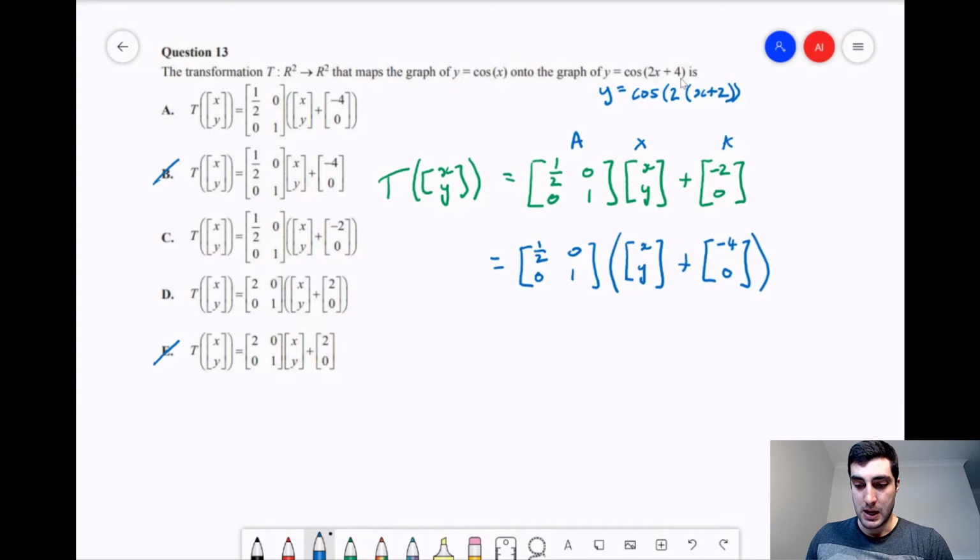The usual approach would be to factor out that 2, and then when applying the correct order of transformations, this is what we would get in green. However, by applying the translation first and then the dilation, this is what you end up getting. So this looks like option A, is it? Yeah, it looks like A to me. Great, option A.